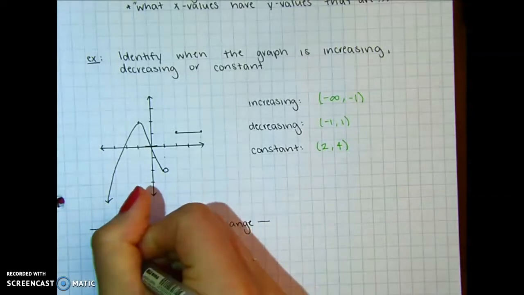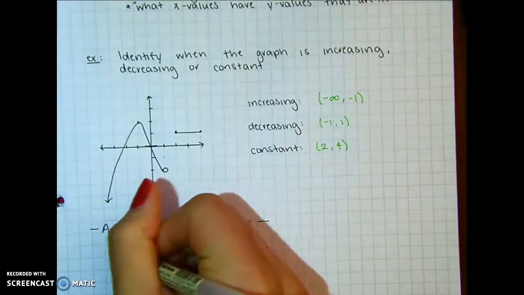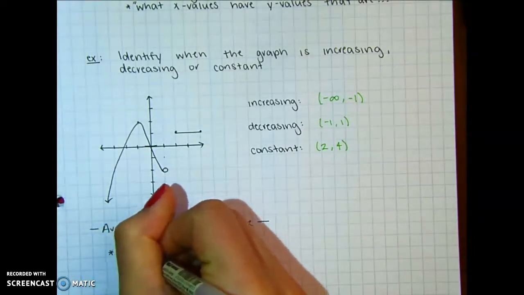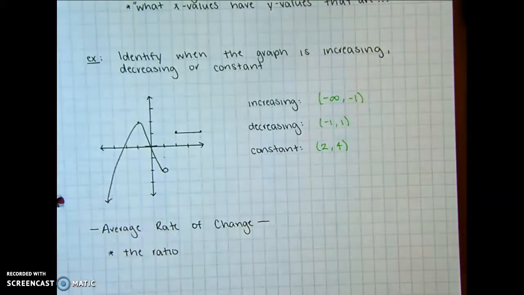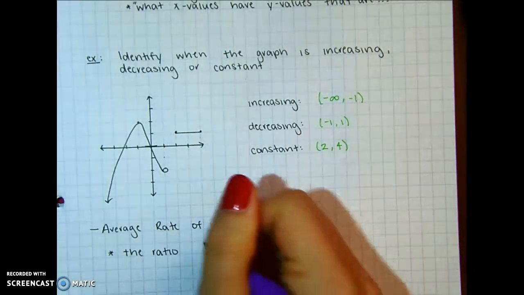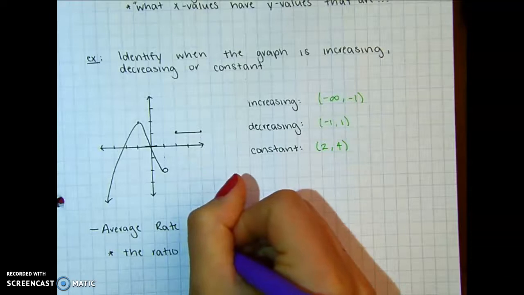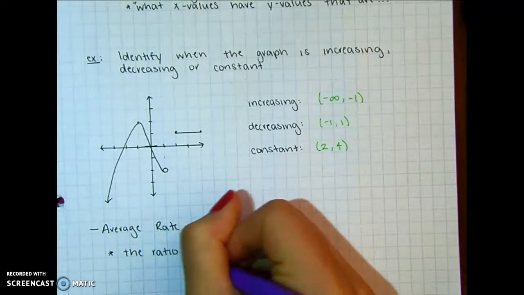So average rate of change is the ratio change in y over change in x.